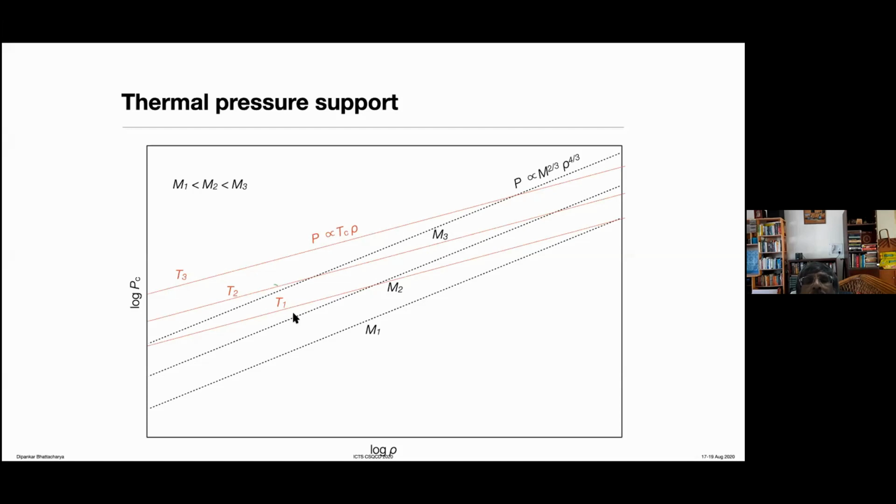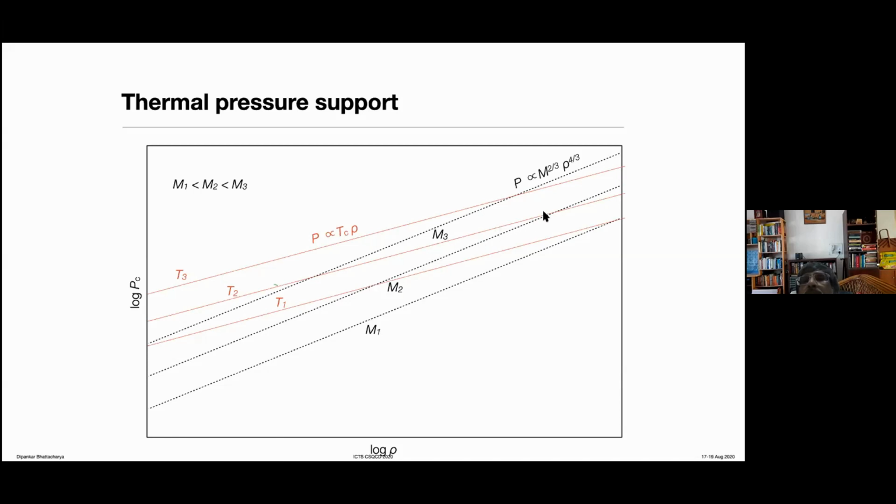As thermal energy leaks out, the star will slowly contract, and it will keep moving along this line because mass is not changing. It will keep moving along the black line, and the temperature will keep rising to those values of temperature where these curves cross this line. So for example, when the star reaches here, temperature will be T1.